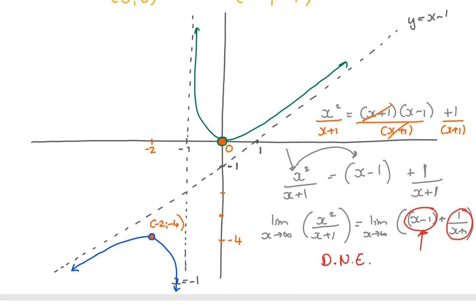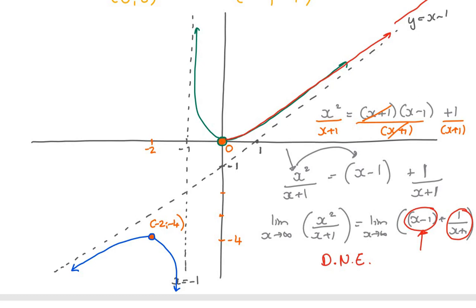So what are oblique asymptotes about? They're about the fact that, yes, this limit doesn't exist, but look what the graph does. It tends towards infinity by tending towards this line. So yes, it's getting bigger and bigger and bigger, and it eventually will tend to infinity. But it's behaving like it's getting closer and closer and closer to that line.